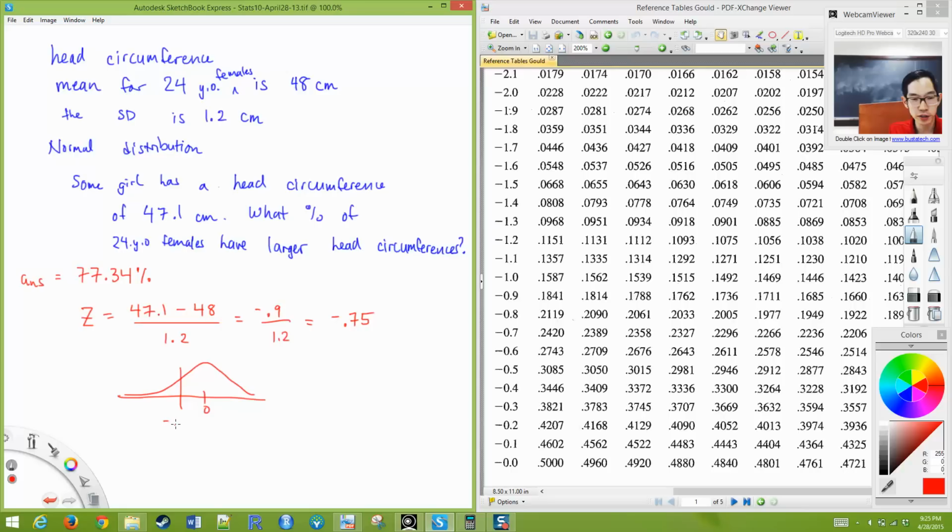Can I go to the next slide? Okay, so here we go. All right, so we will still say head circumference has a mean of 48 centimeters and a standard deviation of 1.2 centimeters. Okay, but now I'm going to ask, you're going to design a helmet.